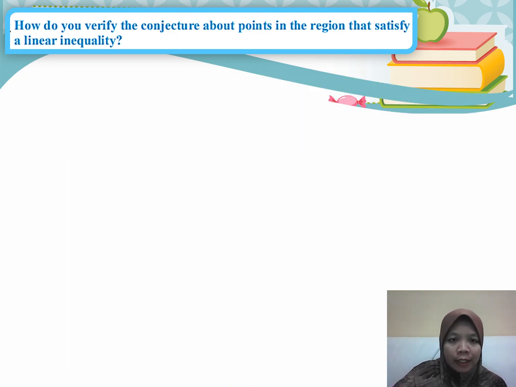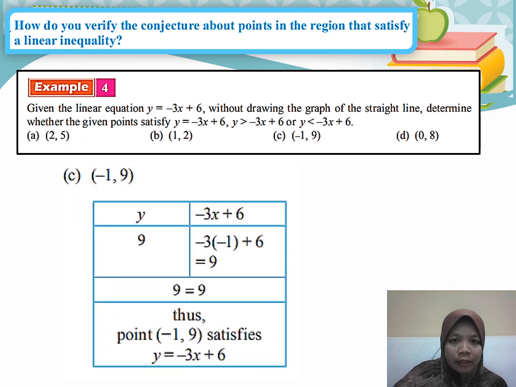Next, C. The point given is negative 1, 9. We do the same thing. The coordinate of y is equal to 9, and the coordinate of x is equal to negative 1. Substitute here, x equal to negative 1. Negative 3 times negative 1 plus 6 is equal to 9.